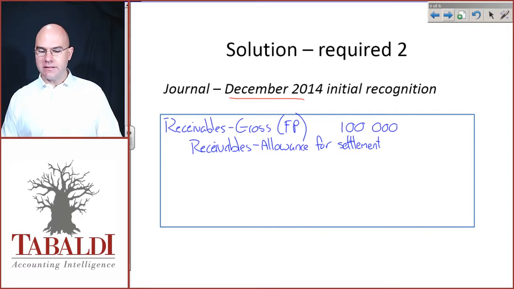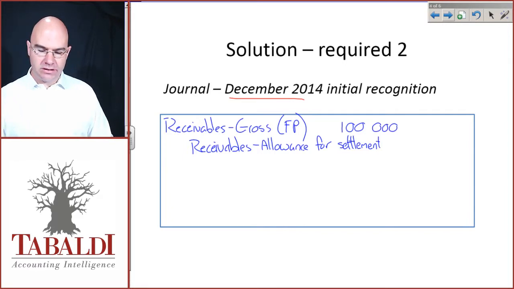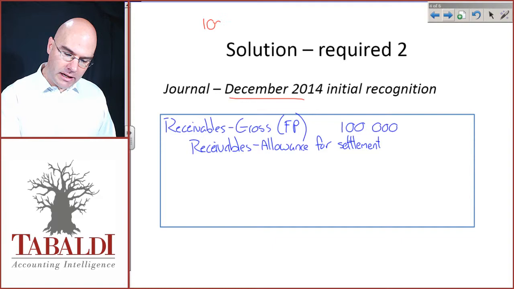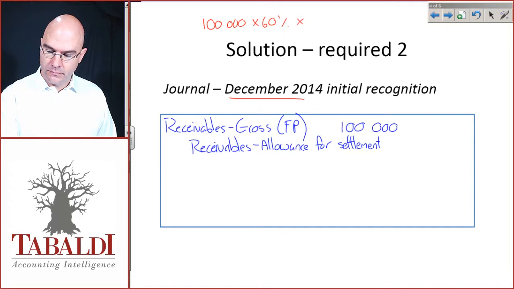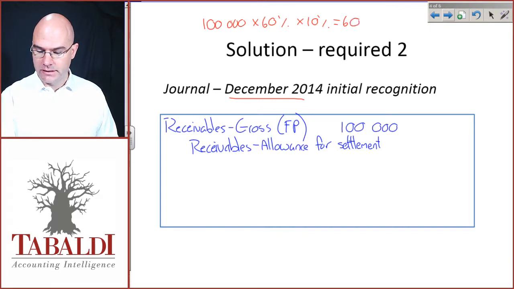Okay, and we worked that out in our previous example. What do we say it's going to be worth? The 100,000 times 60%, and here I'm just talking about the allowance, which will be 10% of the 60%, therefore 6,000.